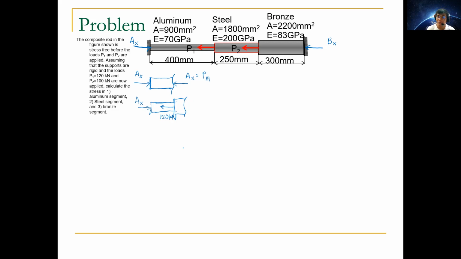Since we don't know the exact value of AX, the best way is to just assume the direction of the force. So let's say AX is a smaller force, and this is now our internal force. To exert more force than 120, this would be 120 minus AX.